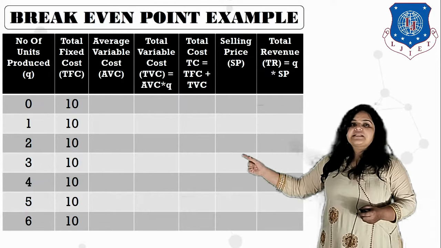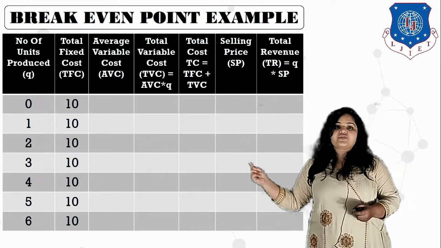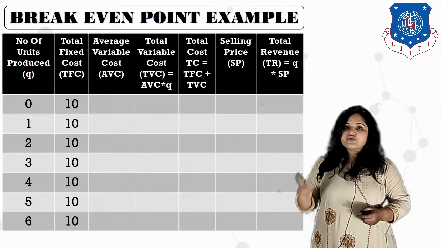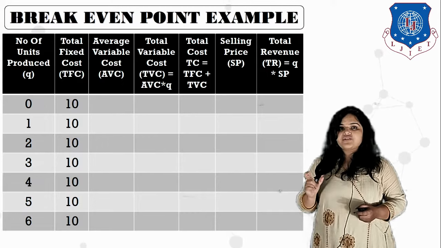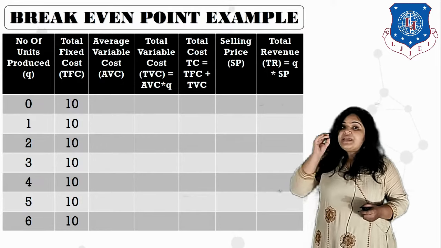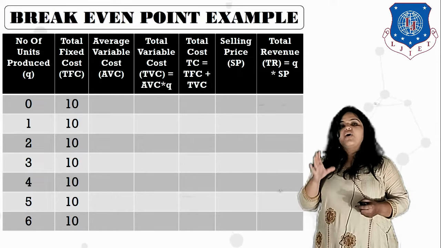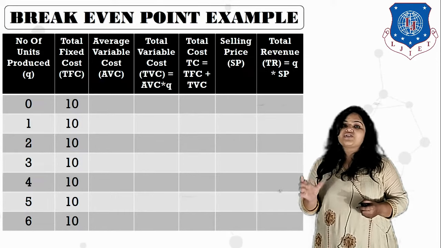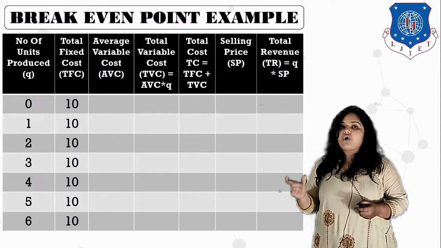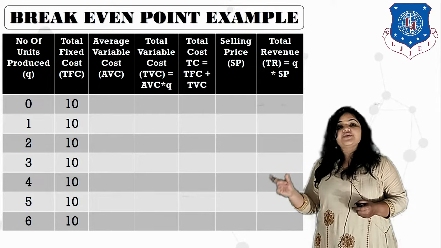First, we will understand the term total fixed cost. As we assumed, the total fixed cost remains constant. If you remember, fixed cost is the cost which remains constant irrespective of the number of units produced.